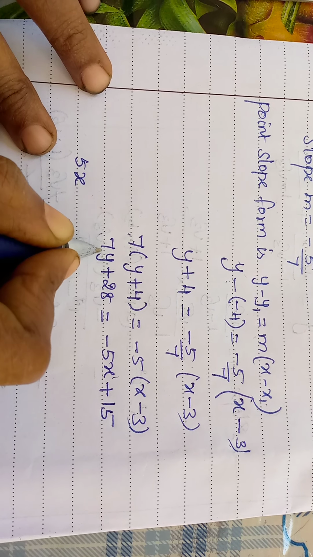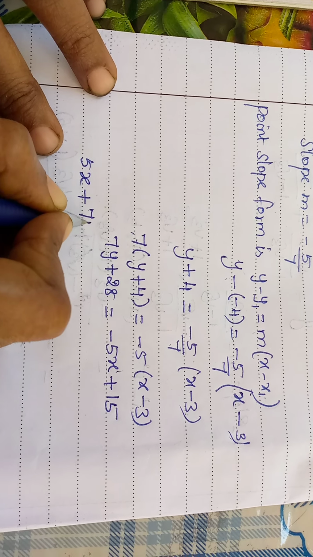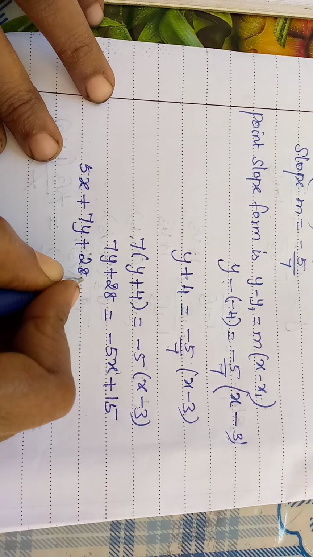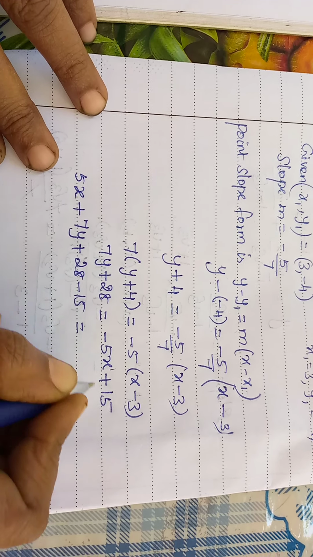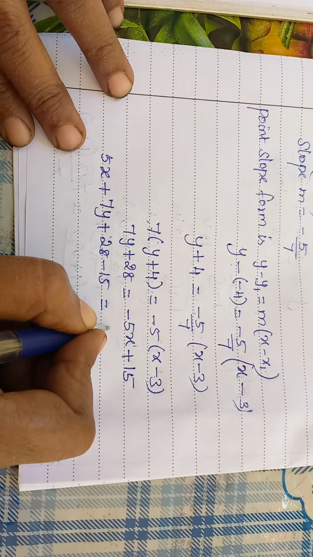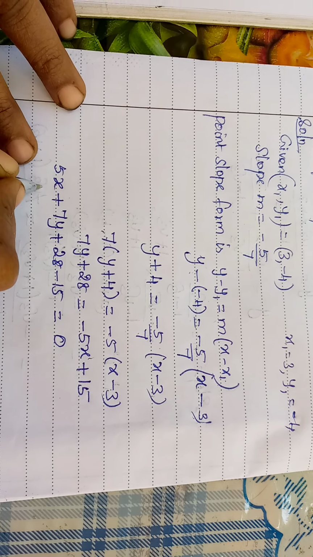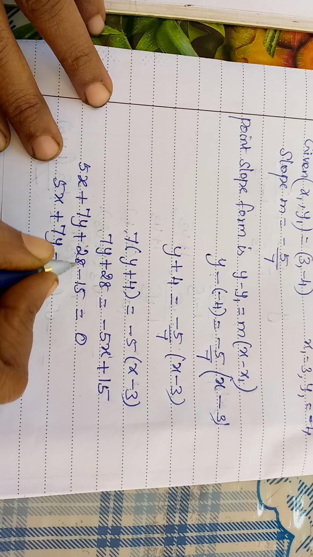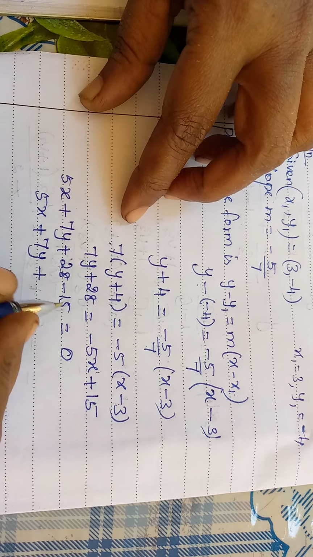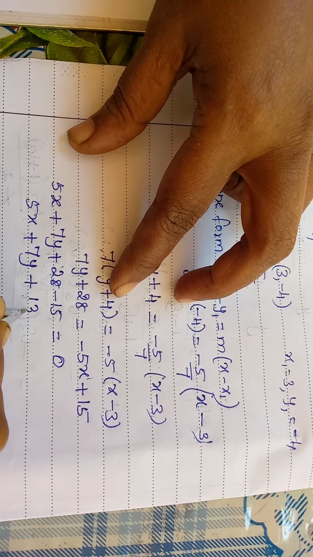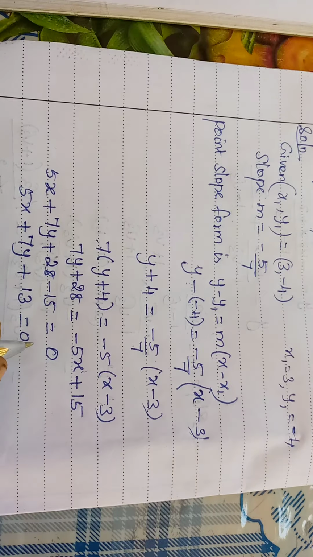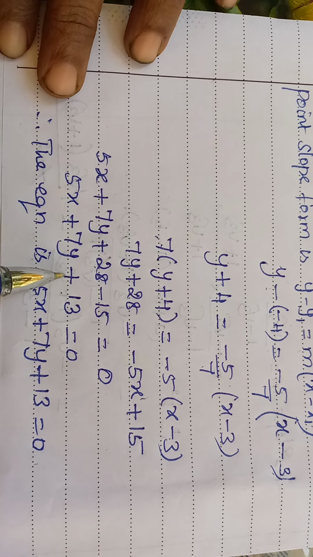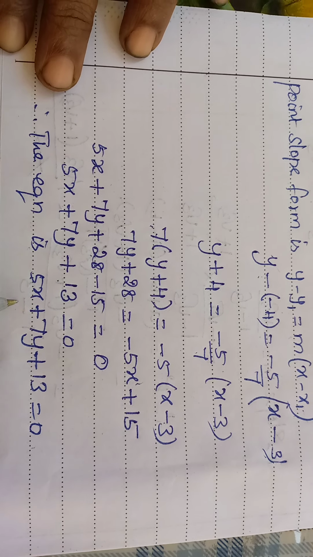Then write the y term, plus 7y plus 28. The constant term brought here becomes minus 15, equal to the remaining 0. So we get 5x plus 7y plus 28 minus 15, and 28 minus 15 is 13, equal to 0. Therefore the equation is 5x plus 7y plus 13 equal to 0.